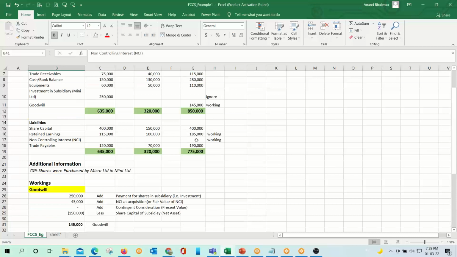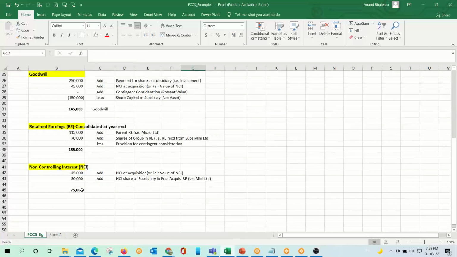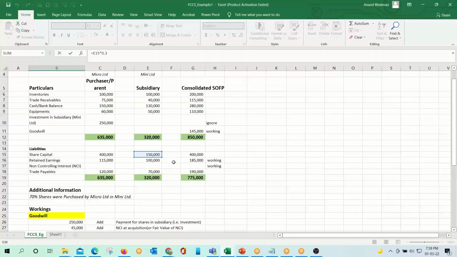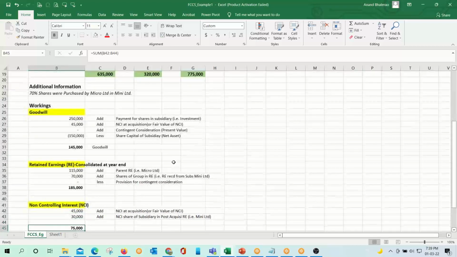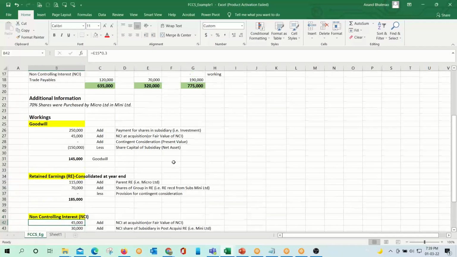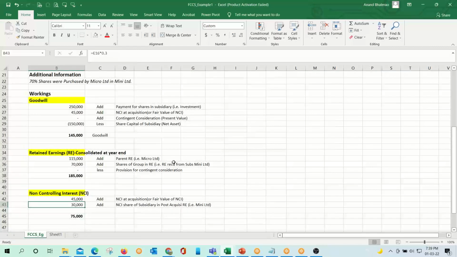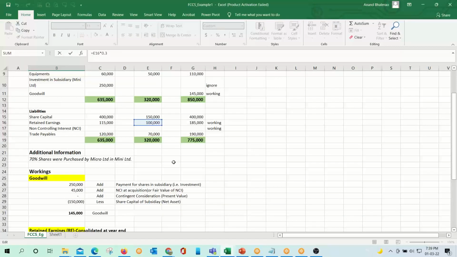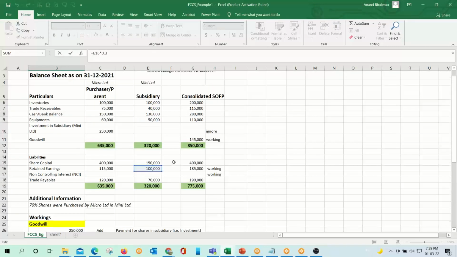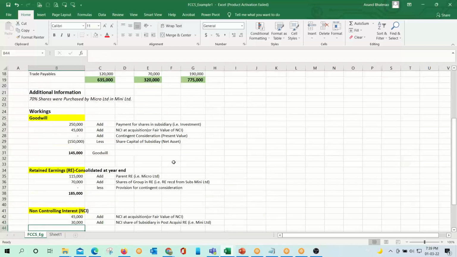Similarly, for non-controlling interest, we will do the working here. The non-controlling interest percentage is 30%. That is 30% of 1,50,000, the share capital of the subsidiary, and the 30% still belongs to other stakeholders: 45,000. Similarly, for the retained earnings, the profit which the subsidiary has earned, 30% belongs to the non-controlling interest, that is the other shareholders.